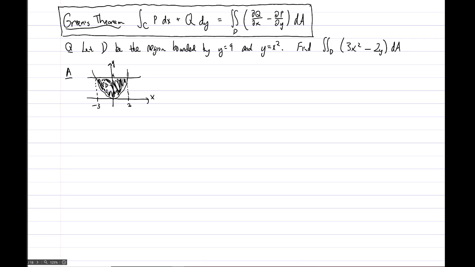Okay, so one option is to literally set up an iterated integral, like we would have done in the previous section, for the double integral over D of 3x squared minus 2y dA.